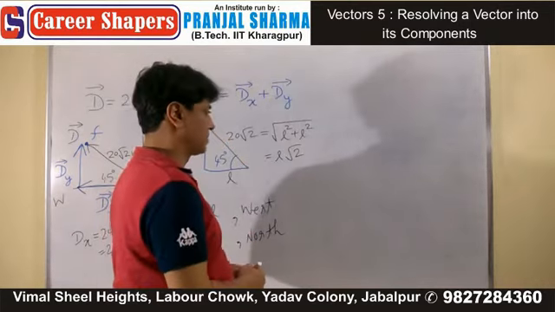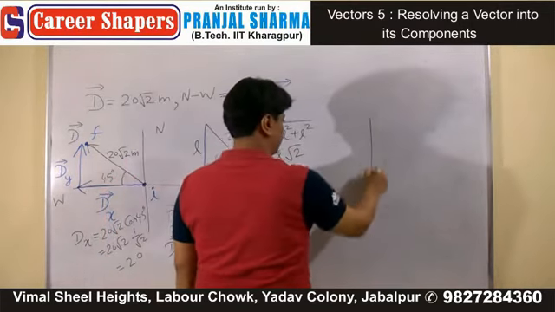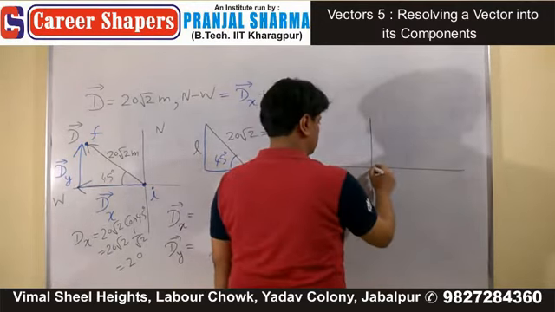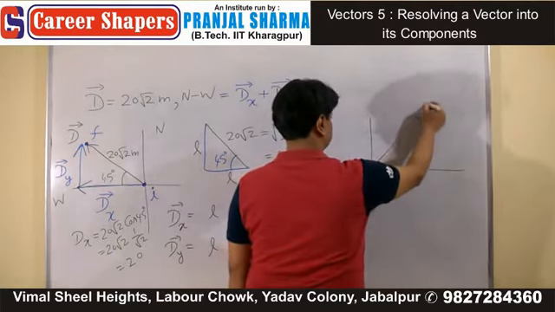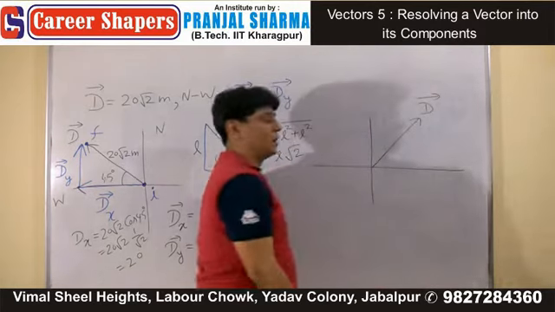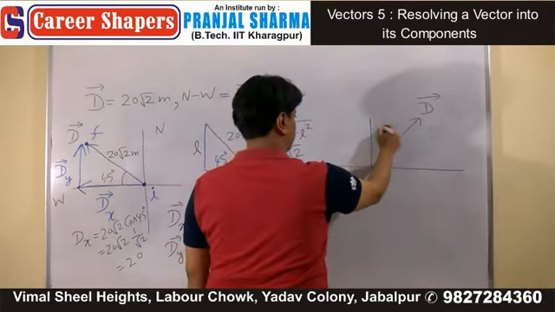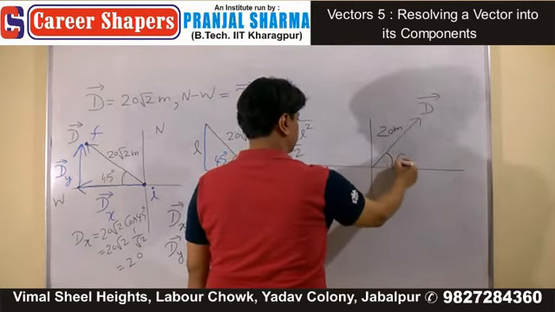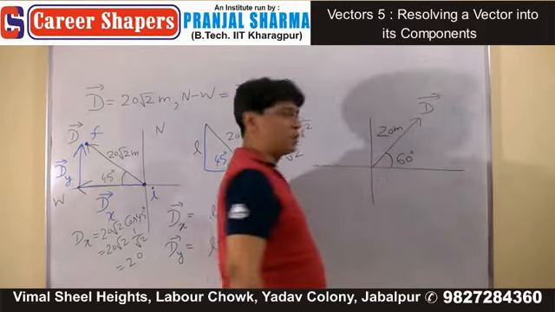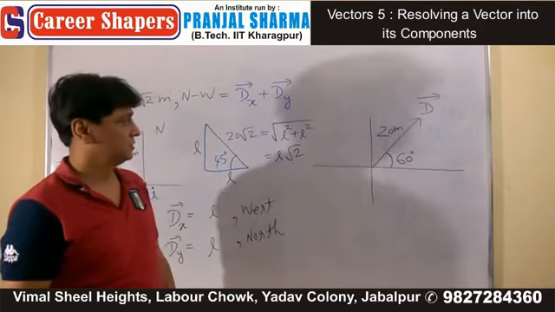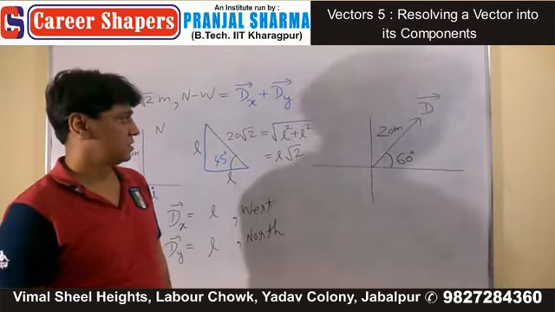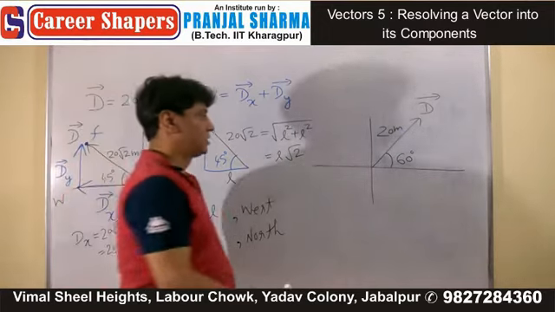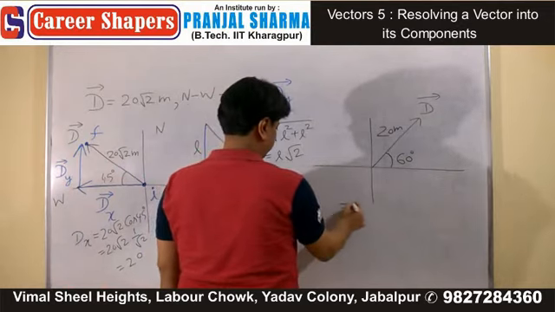Look here. We have been given a displacement vector of 20 meters, and this angle is 60 degrees. First, tell me this.